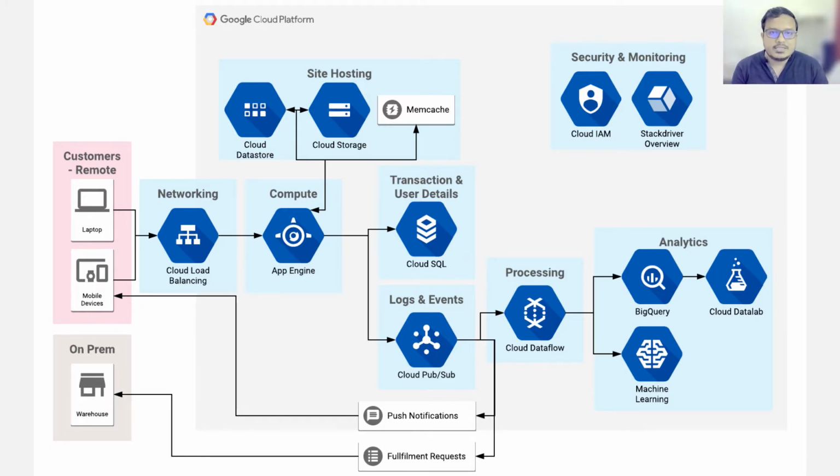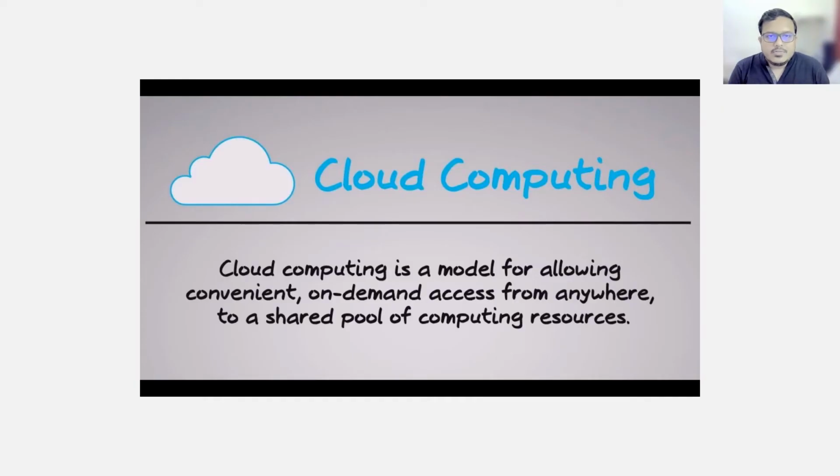So let's get started. If we go by definition, cloud computing is the on-demand availability of computing resources over the internet that offers faster innovation, flexible resources, and economies of scale. Now, we'll come to all these terms later in our series of lectures.